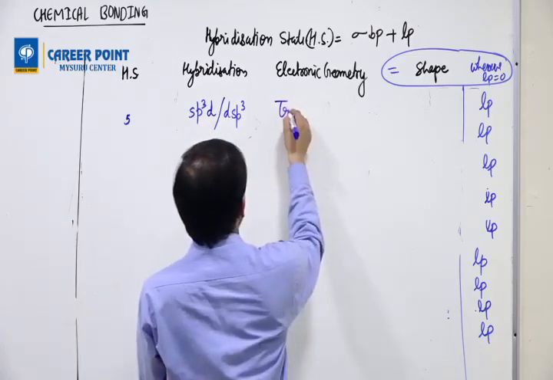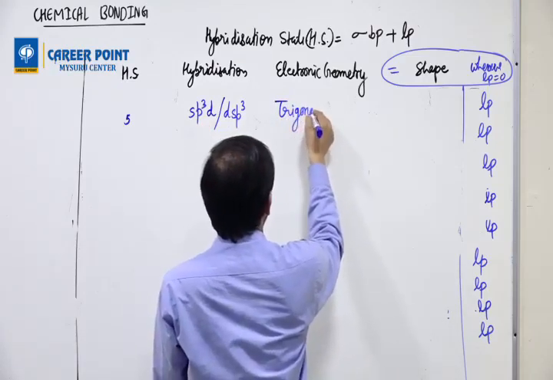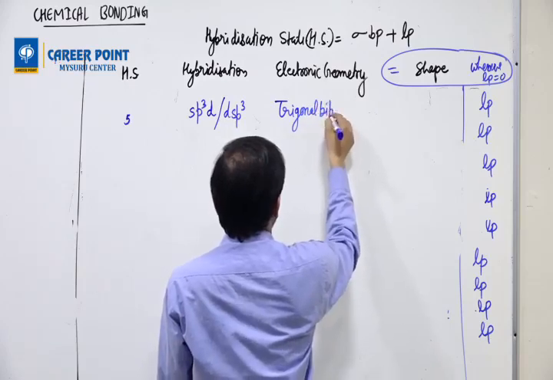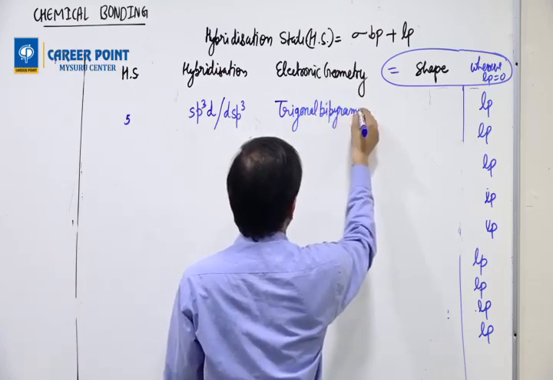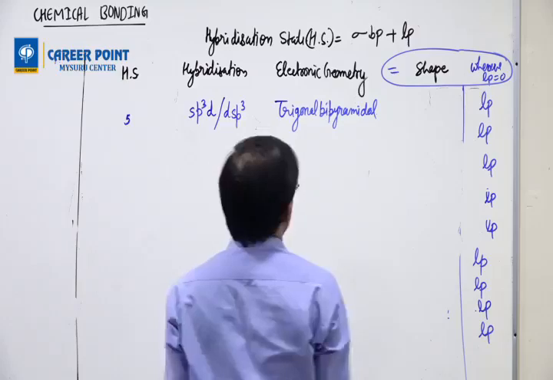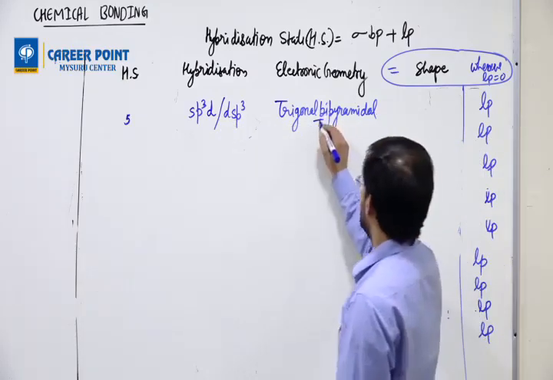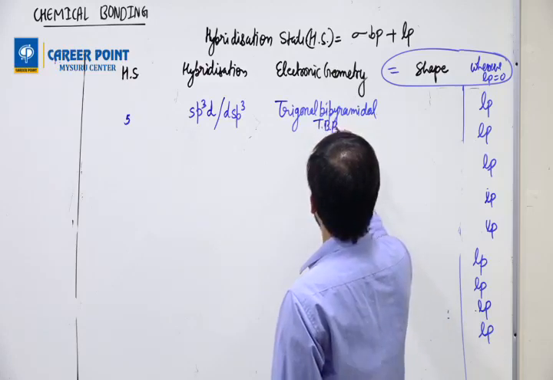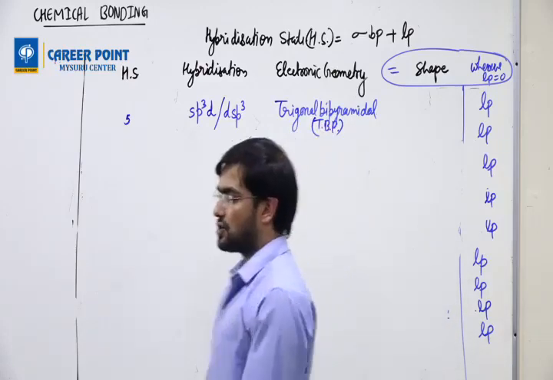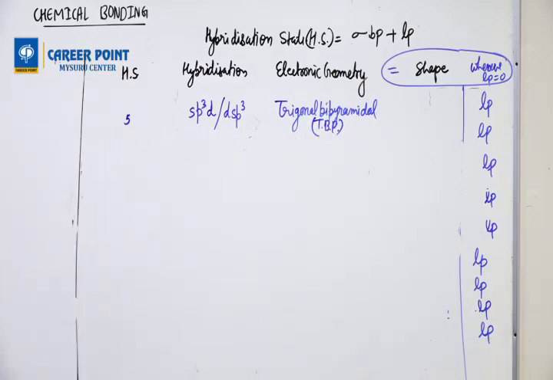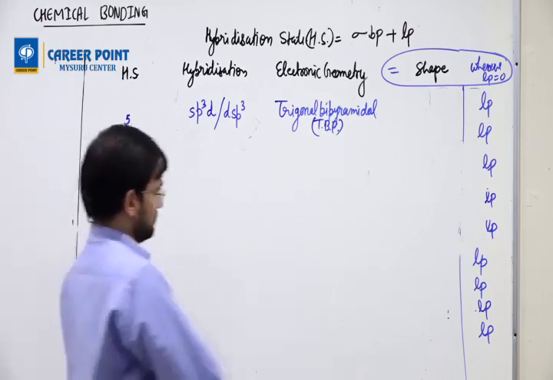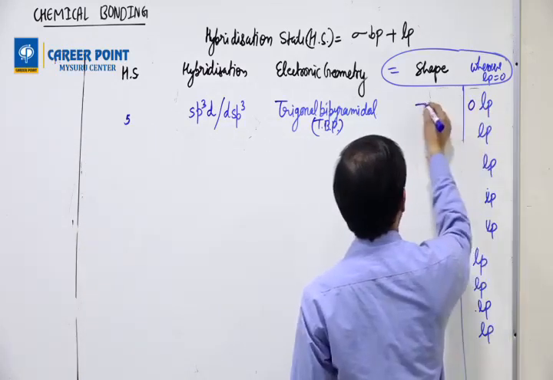Electronic geometry is known as trigonal bipyramidal. Its short form is TBP. So when you have zero lone pair, it is TBP.